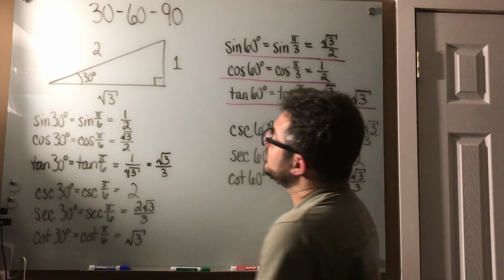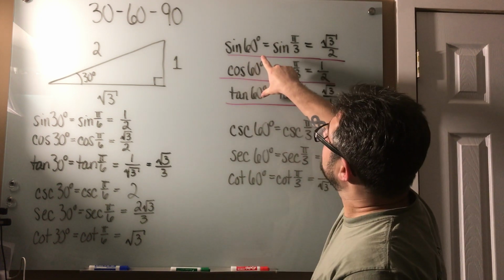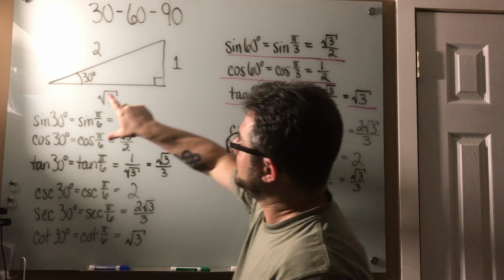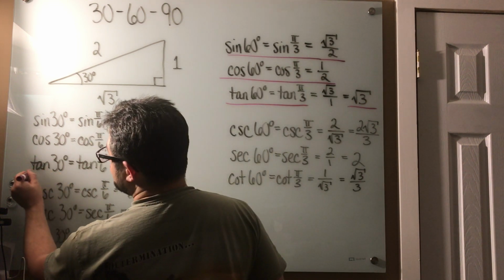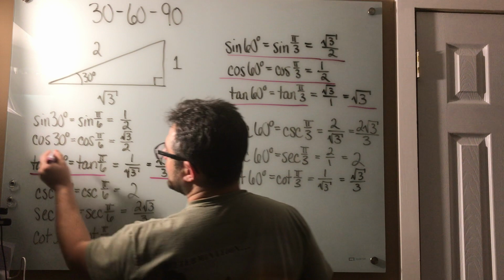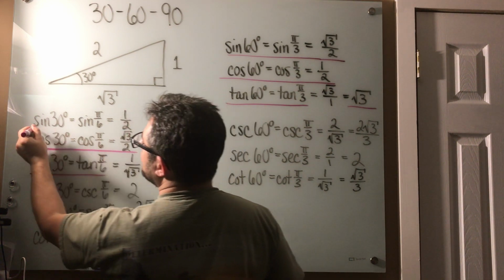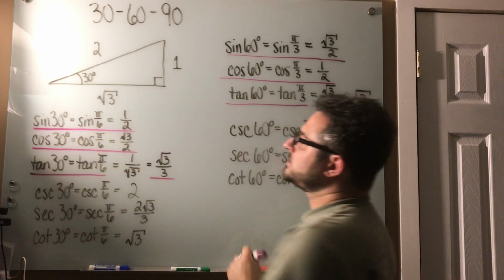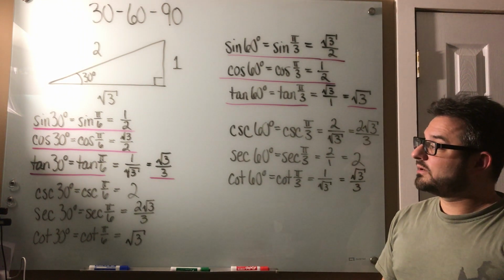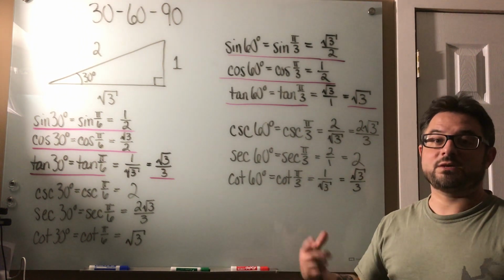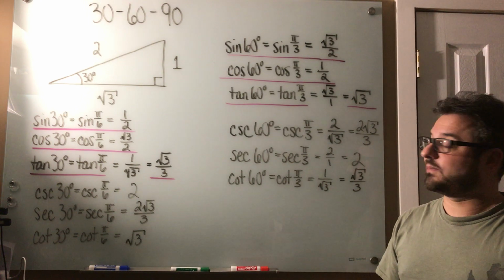So again, if we know these, getting these is not that big of a deal. And vice versa. And of course, if you know the sine or the cosine or the tangent of any angle, you know the cosecant or secant or cotangent of that same angle.